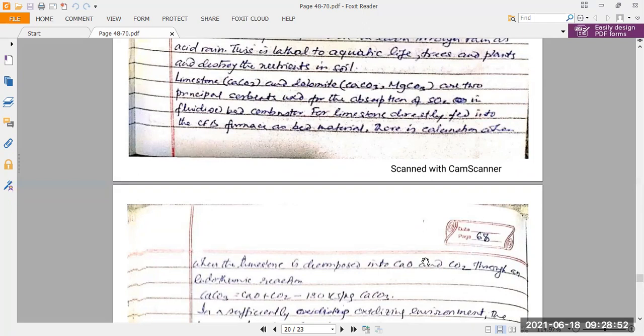There is a calcination when the limestone is decomposed into CaO and CO2 through an endothermic reaction.